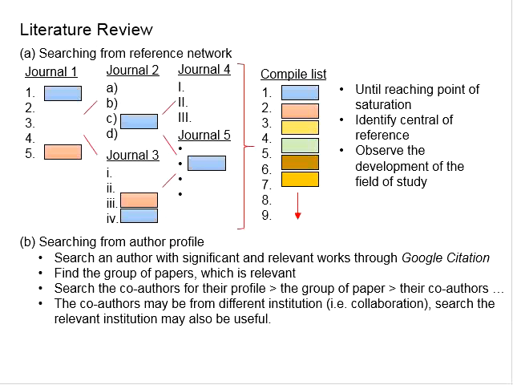Another way you can search for the relevant papers is by searching through the author's profiles. Normally, a researcher has their own field of expertise, and sometimes in a good research work, there can be several publications obtained from their research study.